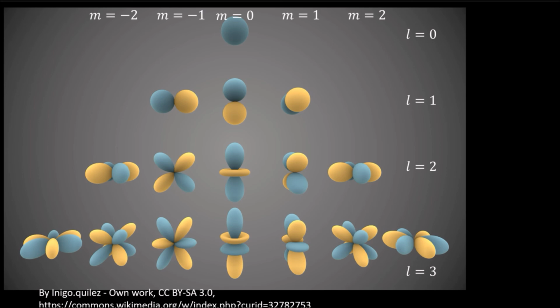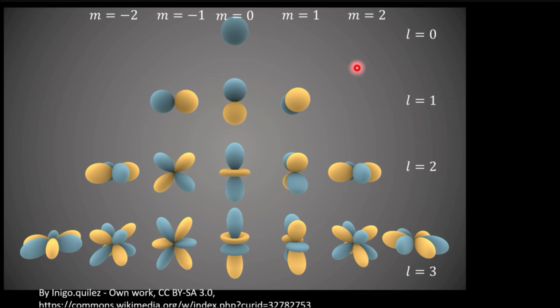And visual representations of the first few real part spherical harmonics are shown here. The blue portions represent the regions where the function is positive, and the yellow portions represent where it is negative. The distance of the surface from the origin indicates the absolute value of Y_LM theta phi in the angular direction theta phi.